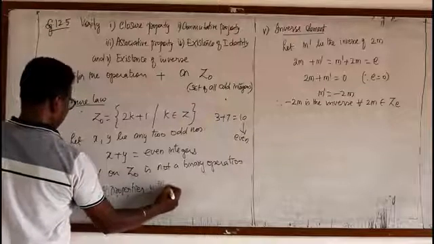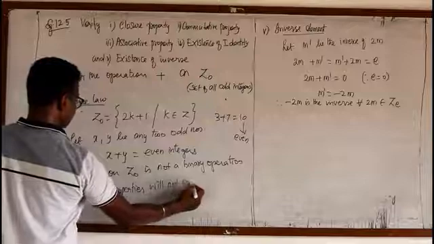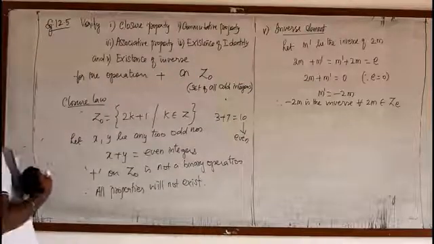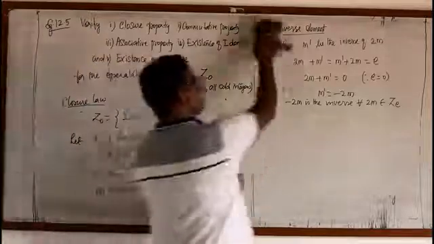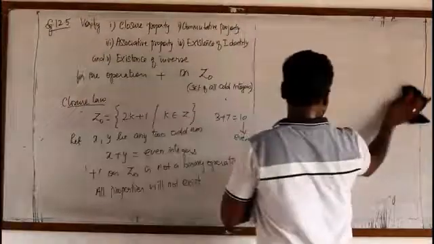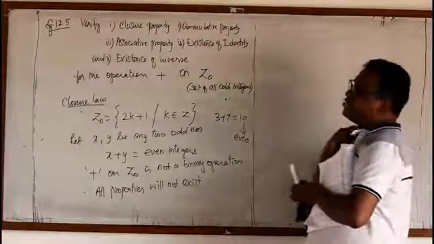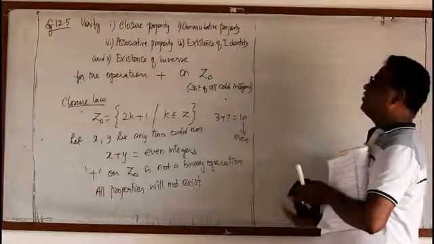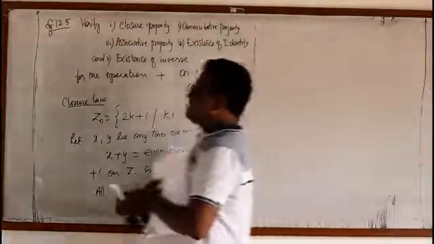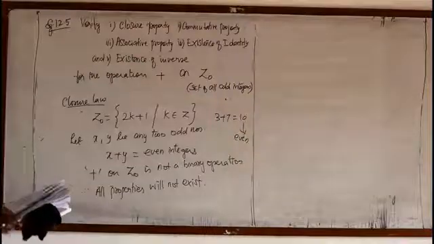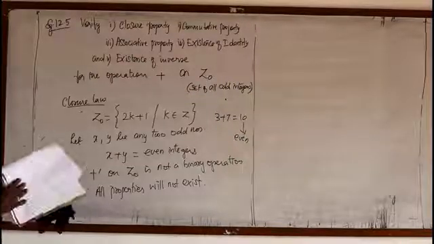This is a problem on odd integers. When I add two odd numbers, the result will be even only, so definitely I won't get an odd number as the answer. Therefore, all these properties won't exist in the set of all odd numbers. With that, example 12.5 is over.